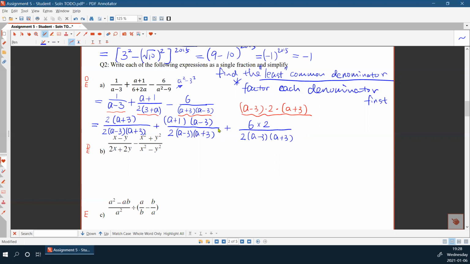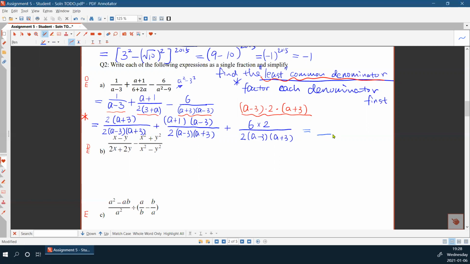So this step is very important. We convert each term using the least common denominator, and then you can add them up. Only when you have a common denominator can you add each term up together.